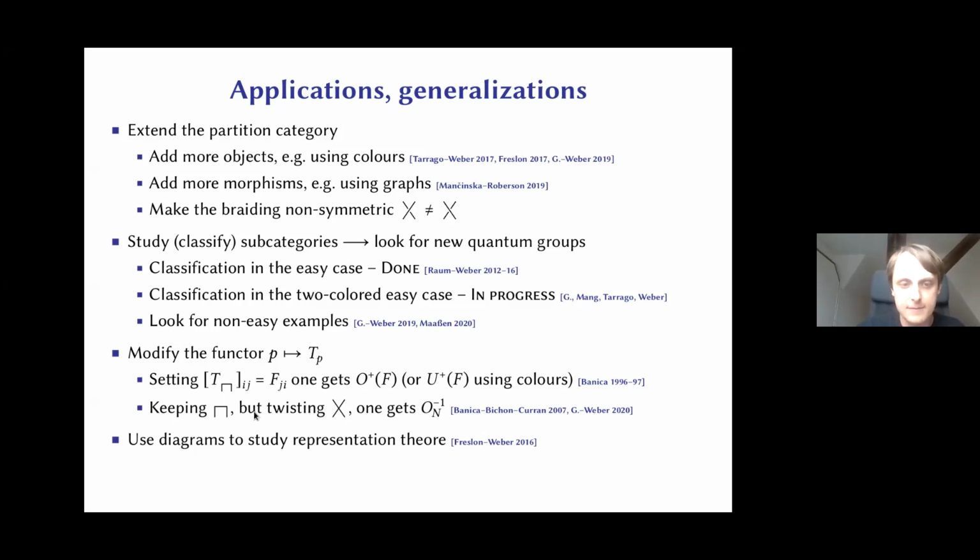You can take the category of all pairings, and if you twist this crossing, then you get the O_N deformation at q equals -1. And finally, since all of this describes somehow the representations, you can study the representation theory, for example, those fusion rules and stuff. The partitions can be helpful also for this.